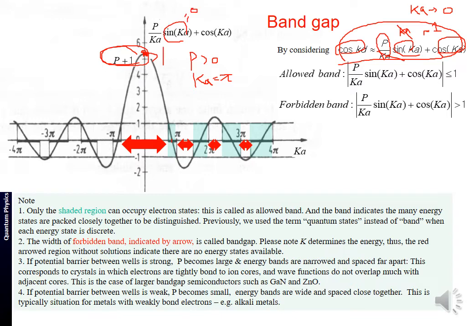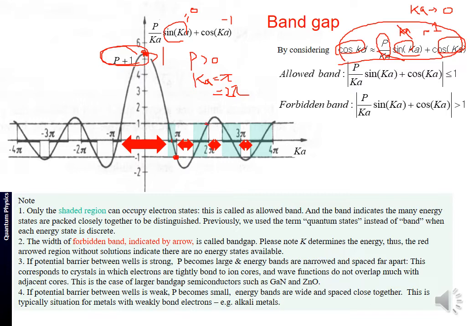The cosine function becomes minus 1 at the point of pi. At the point of 2 pi, sine becomes 0 and cosine becomes plus 1.